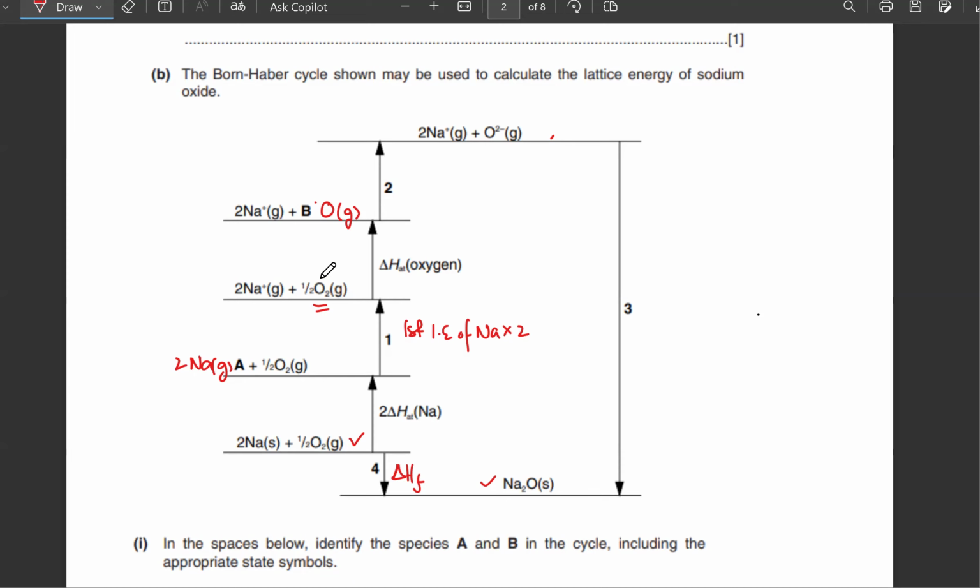No, half O2 means half moles of oxygen gas molecules. This half doesn't mean that it's literally being halved. It's half moles actually. Half a mole is equal to 6.02 times 10 power 23 divided by 2, which is 3.01 times 10 power 23.